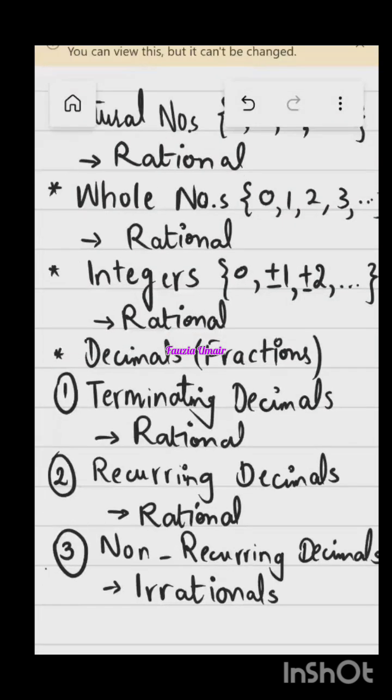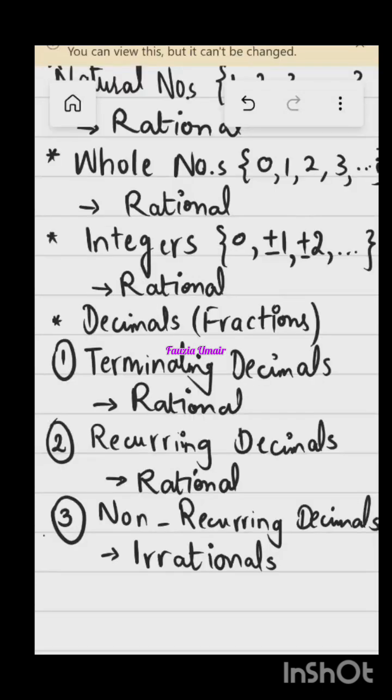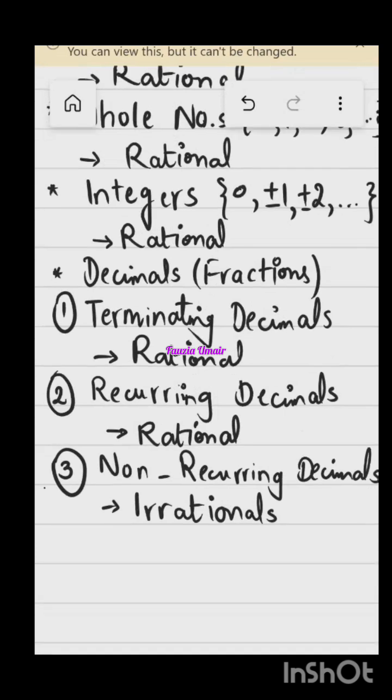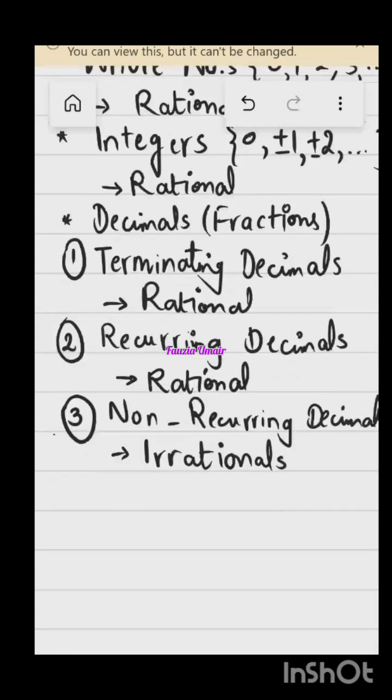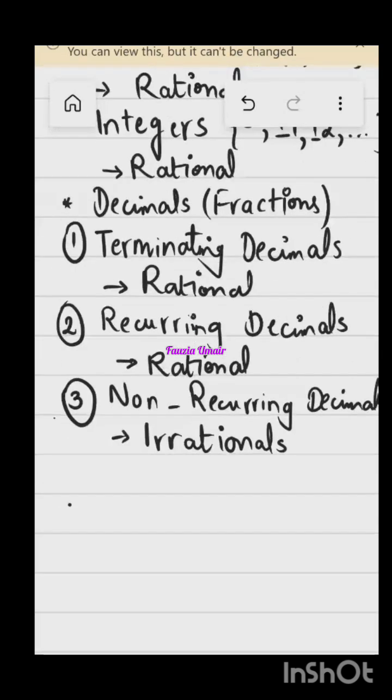So we have talked about different numbers. Then we talked about different types of decimals and fractions, of course. Now comes the roots. You know that roots are basically fractional powers. So we can write exponents as well.